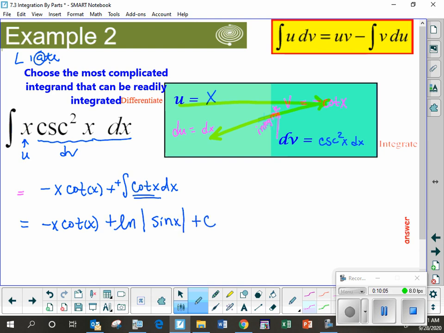So look on your gold sheet. It's probably near the bottom, and you'll find the integral of cotan. So anything that doesn't have a nice derivative, and we're working backwards, is going to probably be one of these crazy ones. So the integral of tan, the integral of cotan, the integral of secant, and the integral of cosecant all are some sort of natural log pattern.